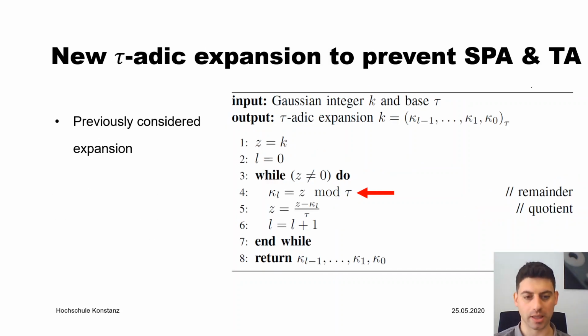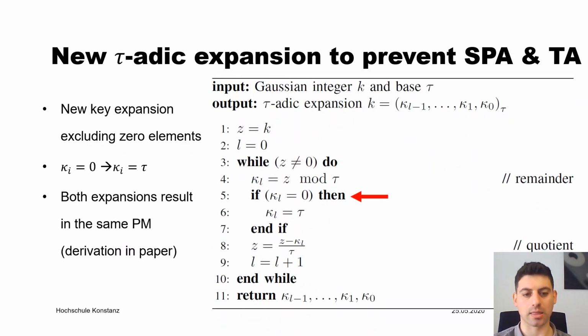In order to avoid this, we present a new expansion algorithm which excludes all 0 elements. This was the previously considered expansion algorithm, and this is the new proposed algorithm where the 0 elements are replaced with tau.